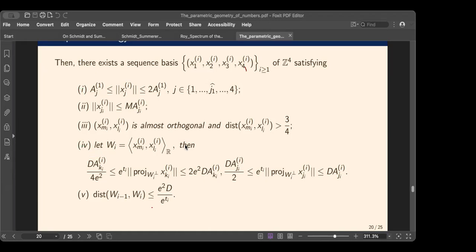And one special is for xji, a slope 1 vector, and we don't need xji to satisfy condition 1. We just need xji to satisfy condition 2. And condition 5 is we want to prove that the sequence of Wi is a Cauchy sequence.